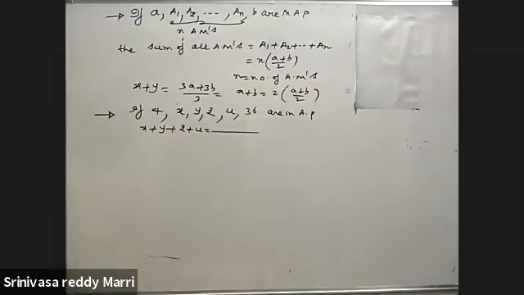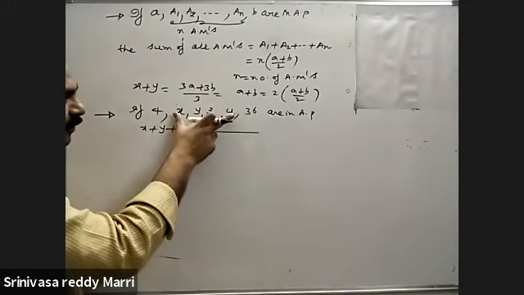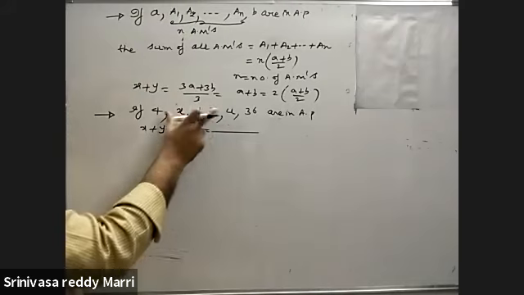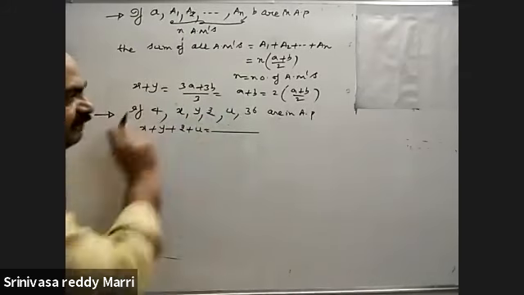Let us take an example. Look at between 4 and 36, how many numbers are there? 4. So these are called AMs between 4 and 36.